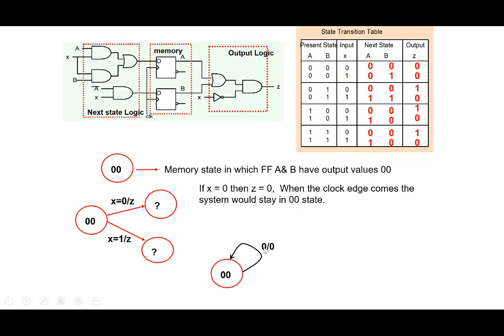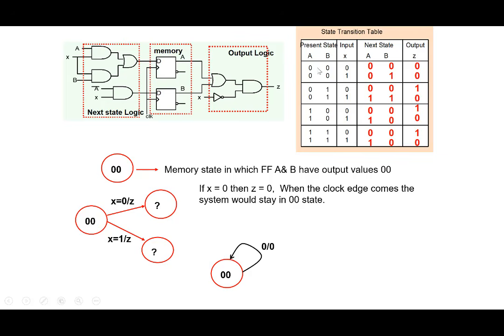The first number means the input, and after the slash it means the output. And the system stays in the 0, 0 state, so we have an arrow which goes like this. What this means is the system is in state 0, 0. If it receives an input 0, then the output is 0 and it stays in the same state.